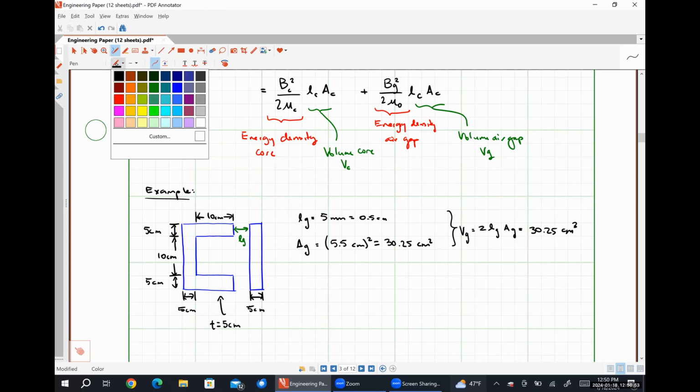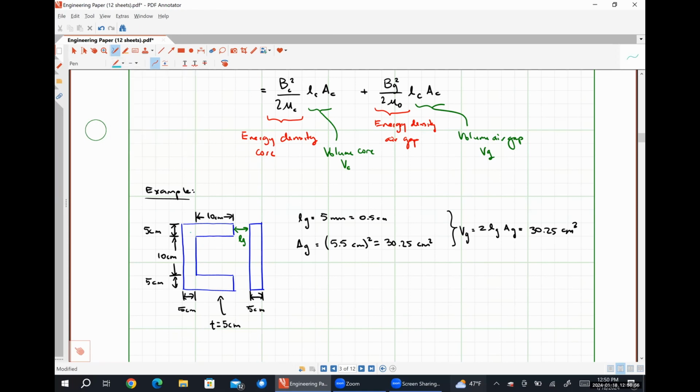Our flux path length, or our core length, is going to be this length that I'm doing in light blue. And so that's going to look like 4 times 10 centimeters plus 5 centimeters comes out to be 60 centimeters.